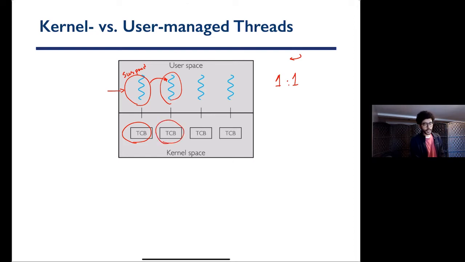So the kernel is managing all these TCBs, context switches between them, saves them. Basically, everything is done with the kernel's supervision. Now, this is good because everything is managed by the kernel for us. And threads are kind of independent of each other, the way they run. One of them could be suspended, the other one runs, the other one can be suspended, the other one runs.